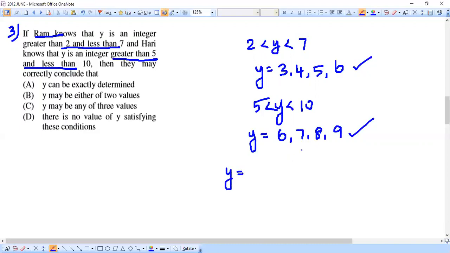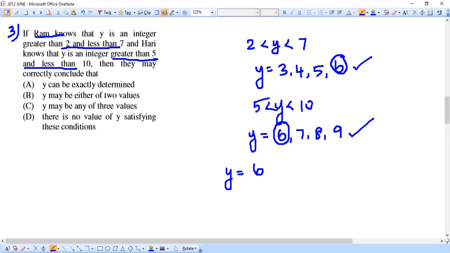Is it possible or not? Definitely it is possible. See here, there is a uniformity in both of their choices. The value 6 is there in both their conditions. So that means 6 is the value of y when both of their conditions are combined.